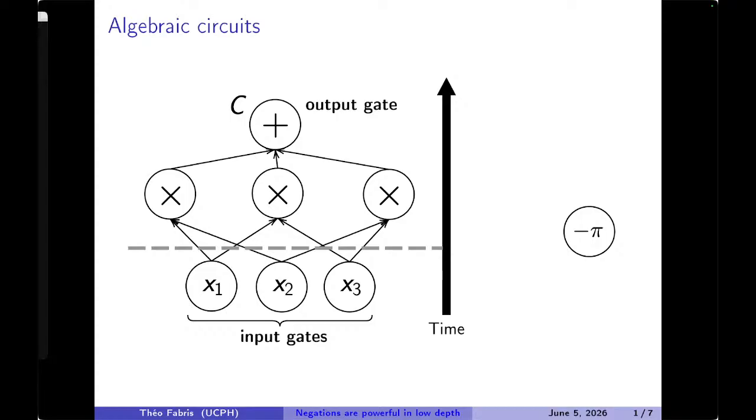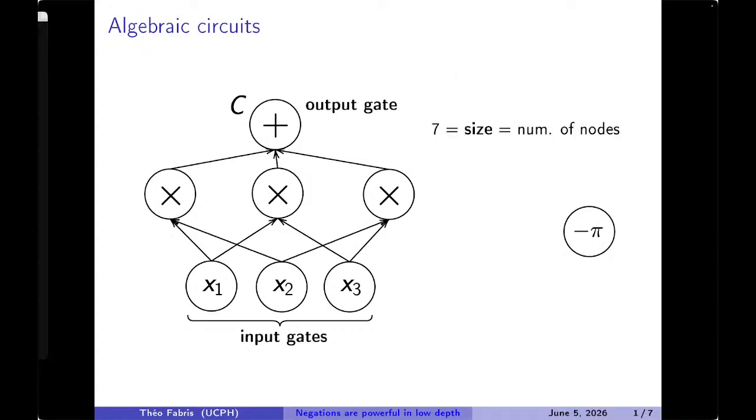You start at the leaves, where you already know the polynomials, and then you combine them until you get to the output gate. The polynomial computed by the circuit is the polynomial computed at the output gate. The measures that we care about are the size, which is the number of nodes, and the depth, which is the maximum distance in this DAG.